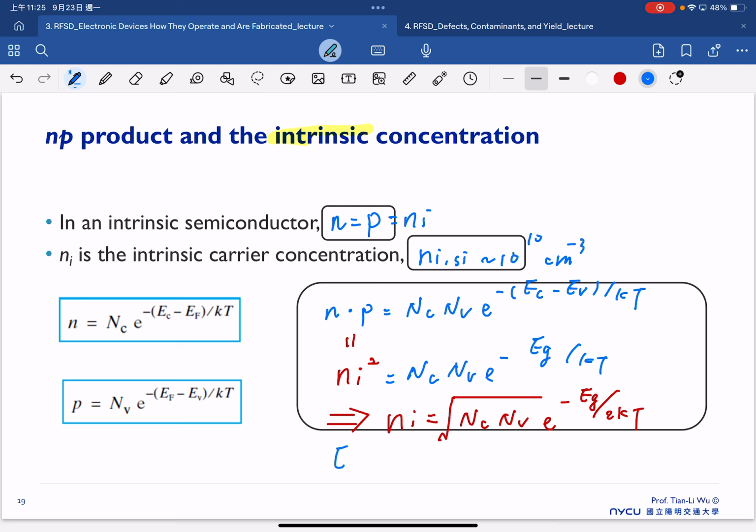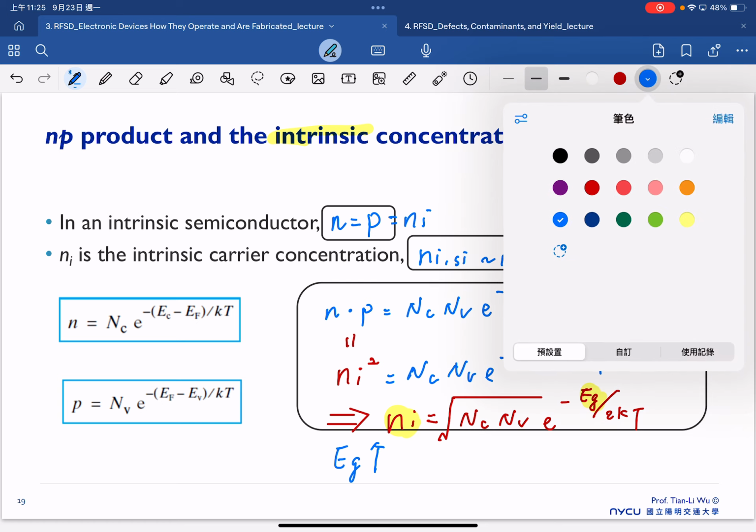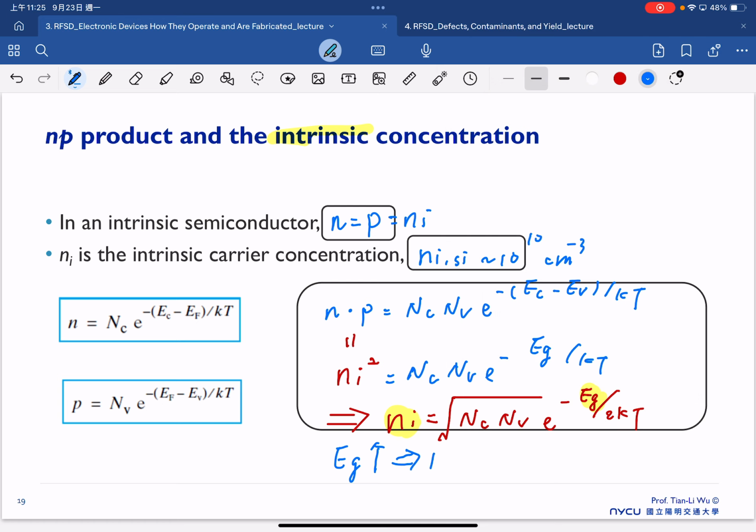If a material has a larger band gap, that means our Ni is decreased, right?